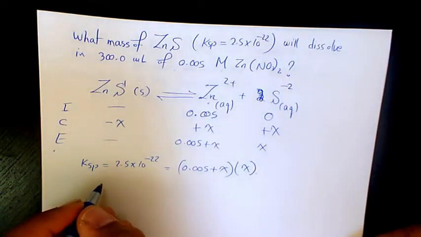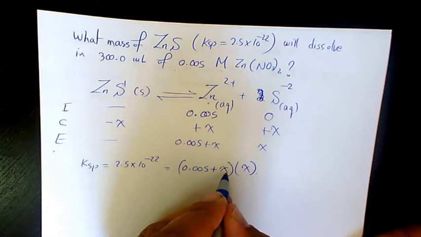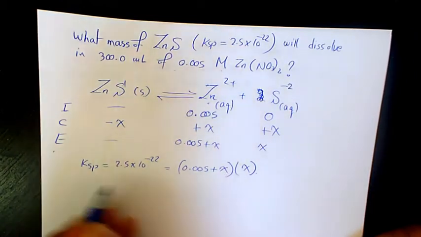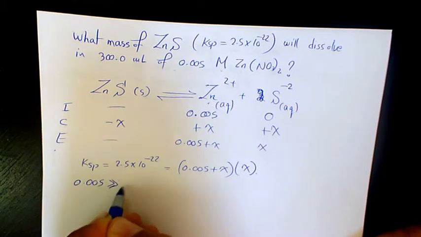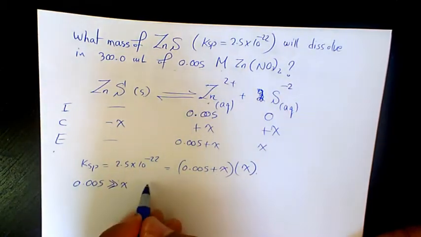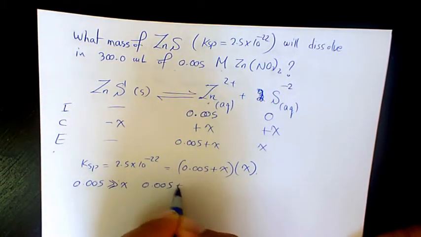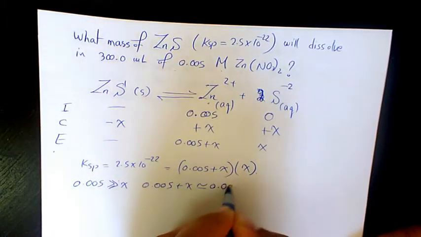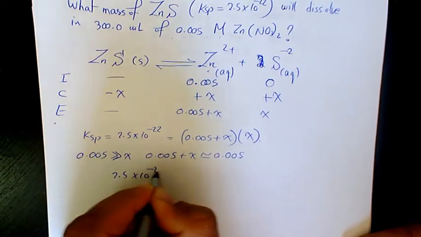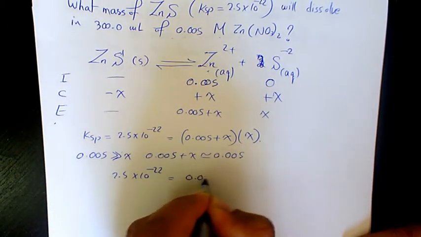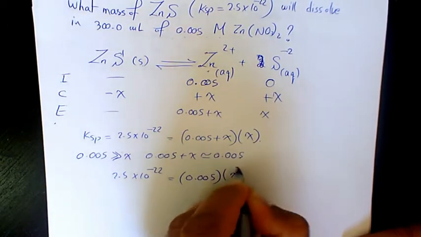So now what we can do, I can neglect x compared to 0.005, because if we assume 0.005 is much greater than x, we can assume that 0.005 plus x is approximately equal to 0.005. So it's going to be 2.5 times 10 to the power of negative 22 equals 0.005 times x.